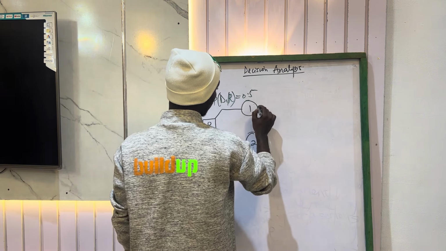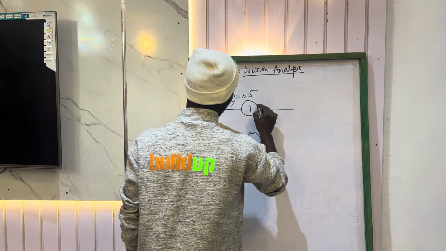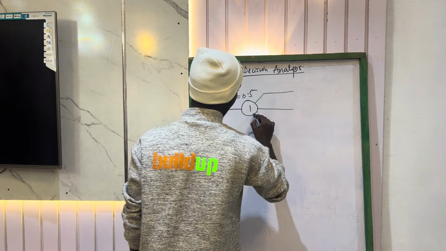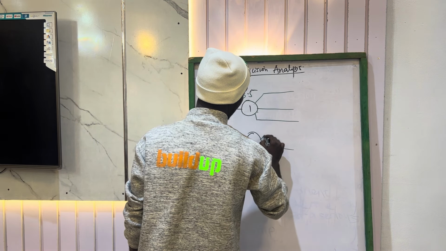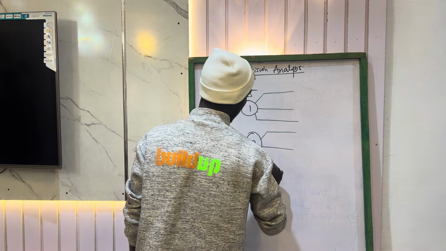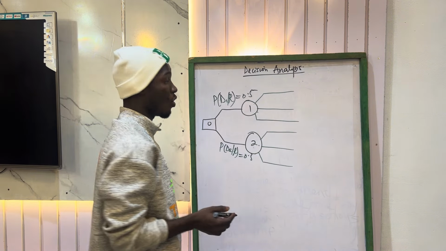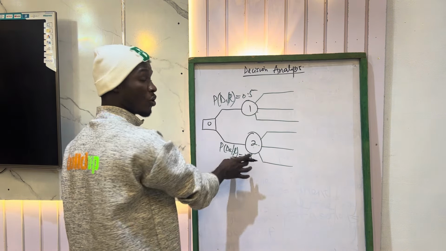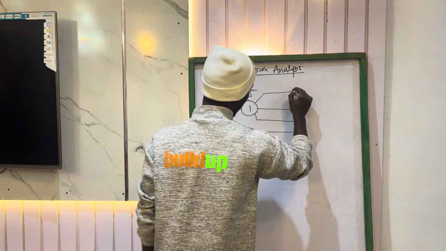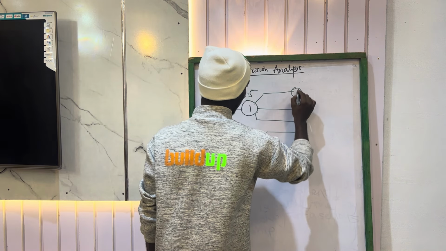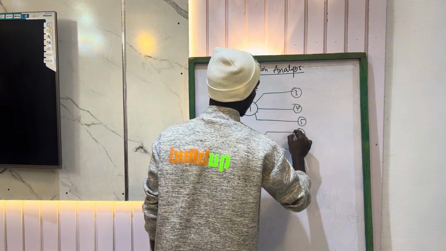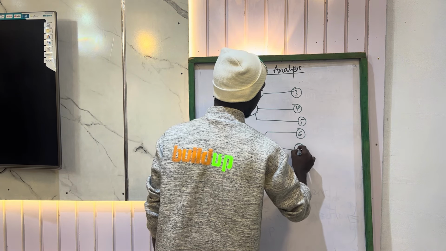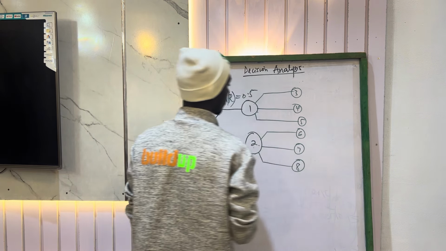So we are given 3 states, state 1, then another state here, and another state here. So we are having 3 states for either to develop or not to develop. Let me call these 3, 4, 5, 6, 7, 8.